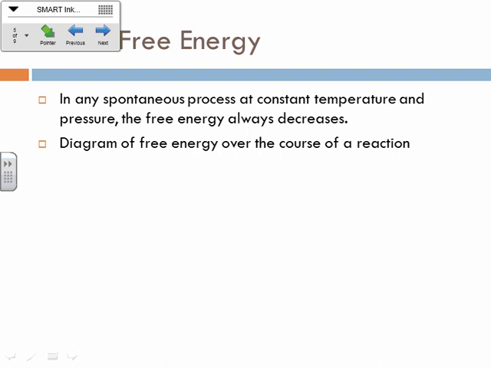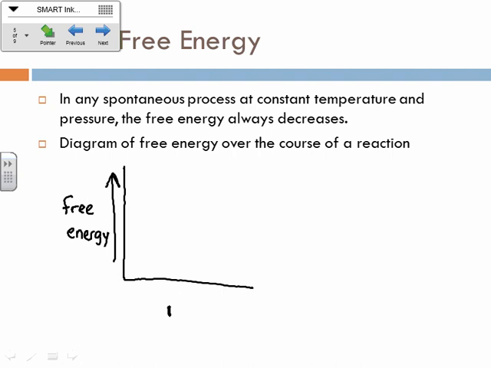So a free energy diagram over the course of a reaction, if you see something that looks like this, and again, this may not make a lot of sense, obviously the free energy is higher at the top, lower at the bottom. Then if you just have a reaction, so the reaction is progressing over time, we may start with a high degree of free energy right here, so this might be the level that your reactants start at.